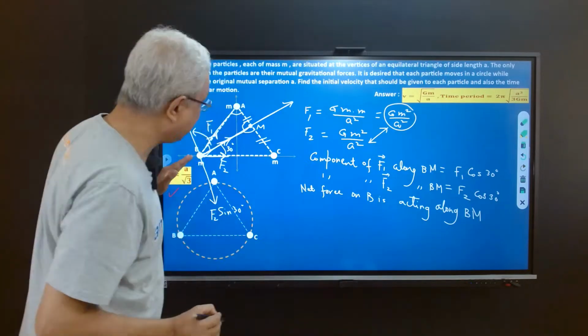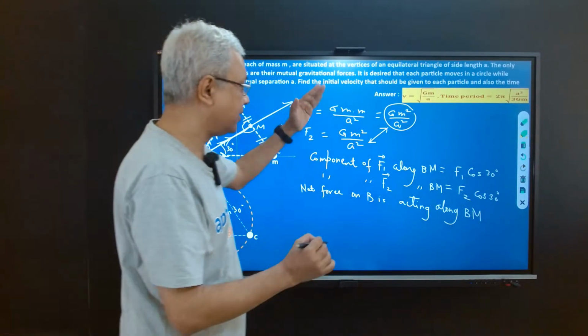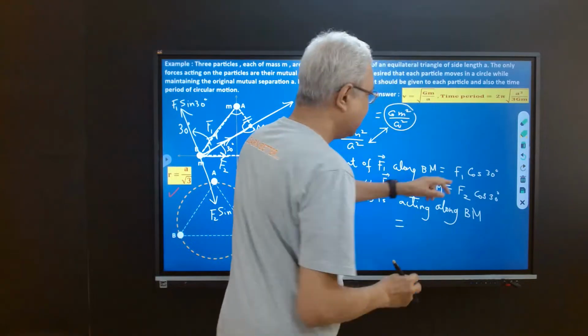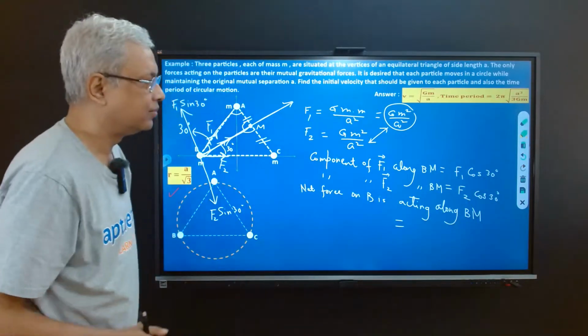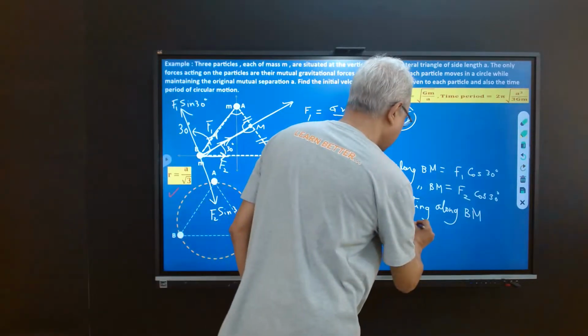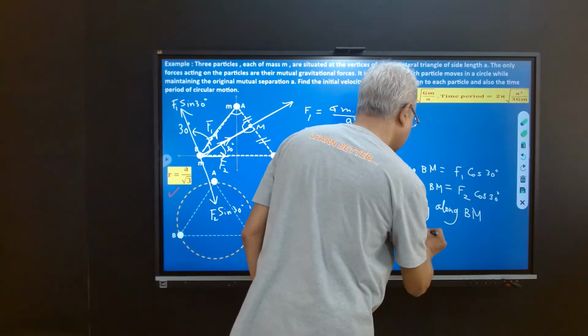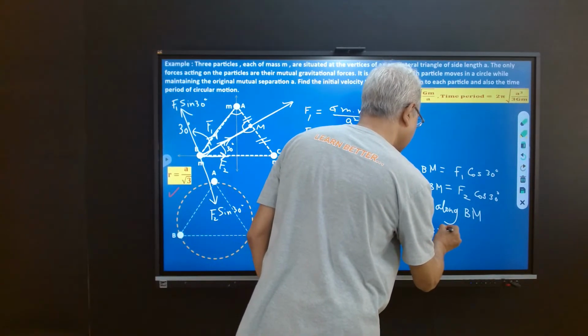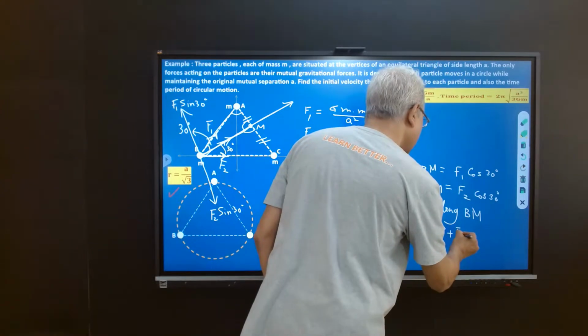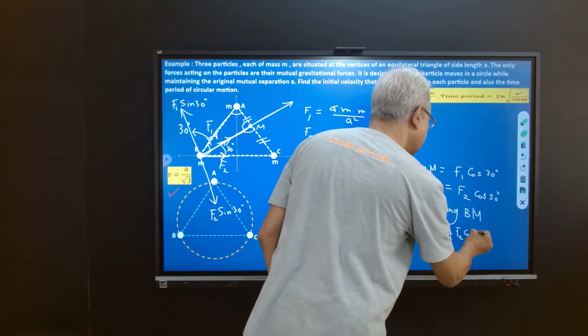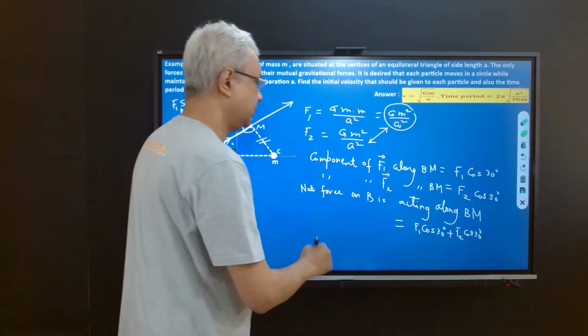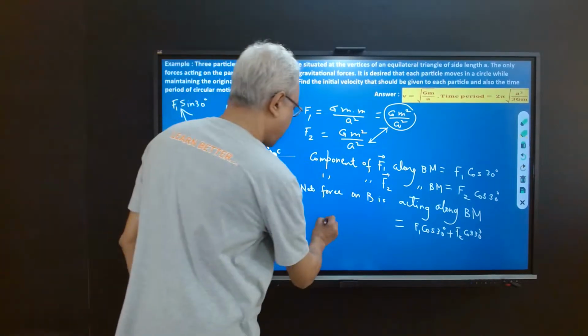That means it's acting along the median. And what is that? Just add the forces, because this is F1 cos 30 plus F2 cos 30 degrees. Okay? So how much is it?